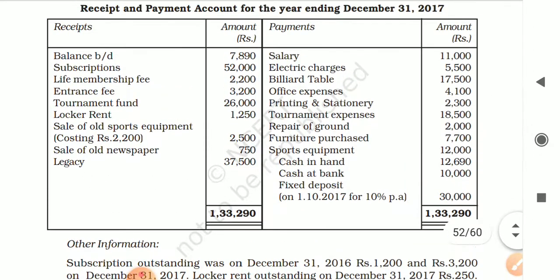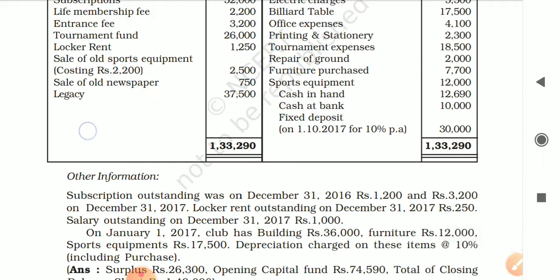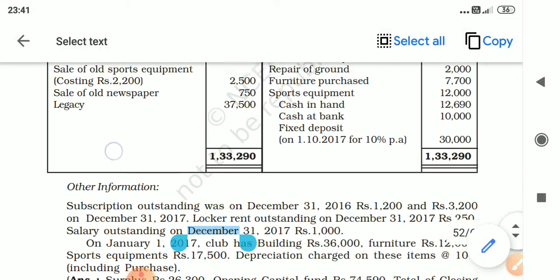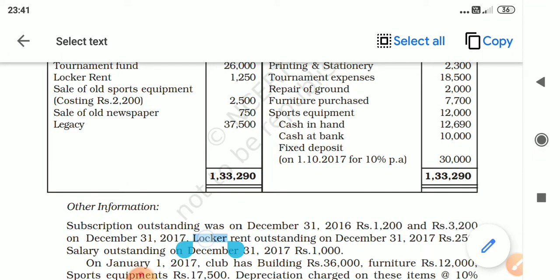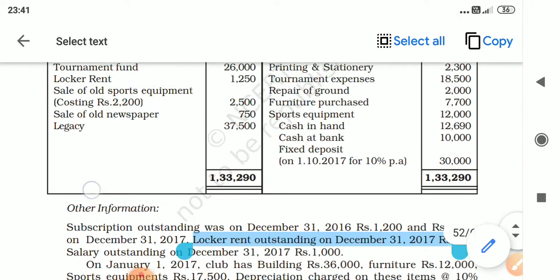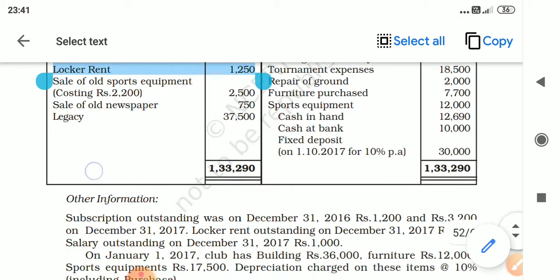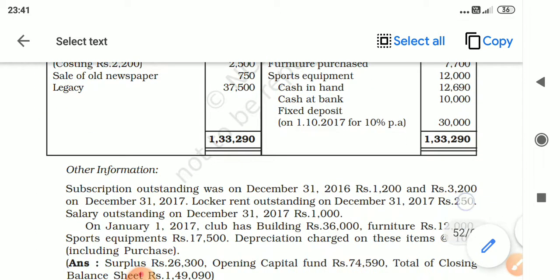Now coming to the expenditure. You have locker rent outstanding, isn't it? So this locker rent outstanding 250 should be added to this locker rent. So locker rent we will show on the income side of income and expenditure account, inner column, plus current year outstanding 250.